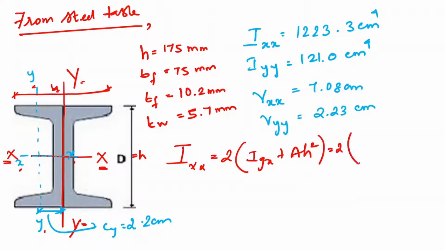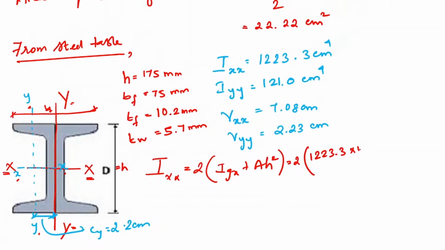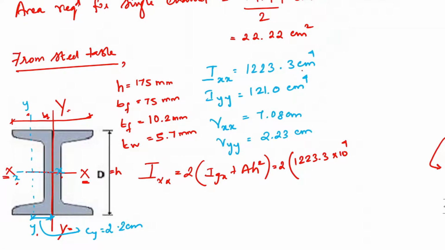We know IGX, which is I small xx, 1223.3 into 10 to the power 4, because this is in centimeters to the power 4, so I have converted it into mm to the power 4, plus the area of the selected channel section, which is 24.38 centimeters square, so 2438 mm square, multiplied with h.